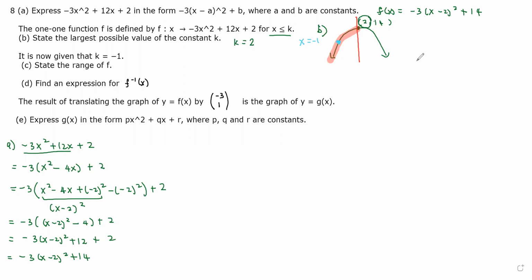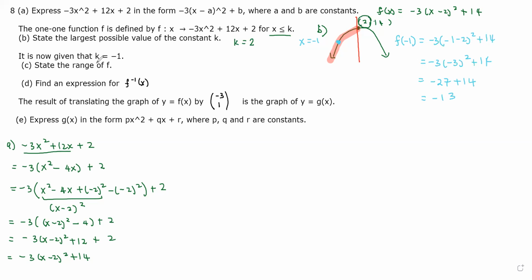When x is negative 1, we find f of negative 1. That is negative 3 times negative 1 minus 2 squared plus 14. And we have negative 3 times negative 3 squared plus 14. So 3 squared is 9, negative 27 plus 14, and that is negative 13.